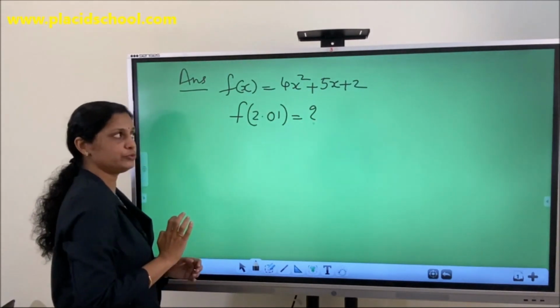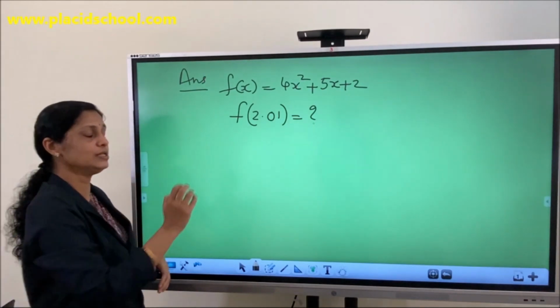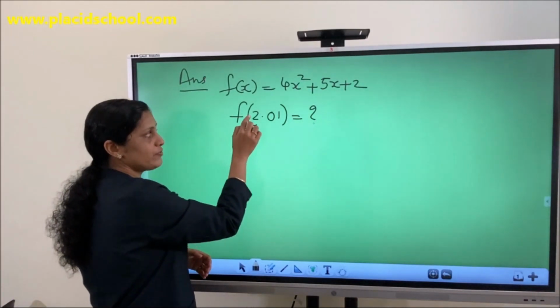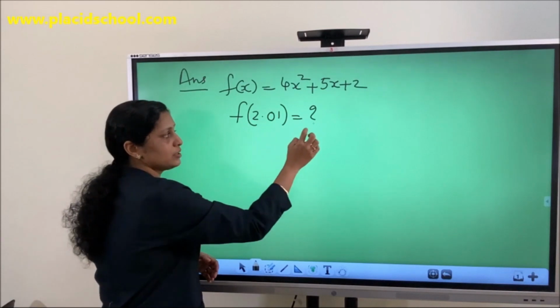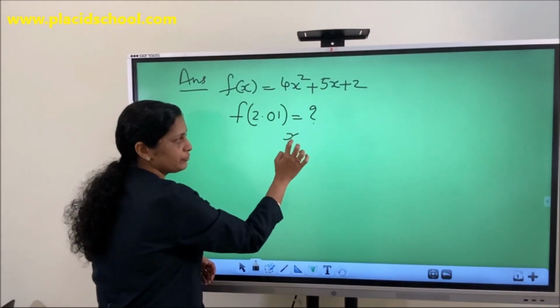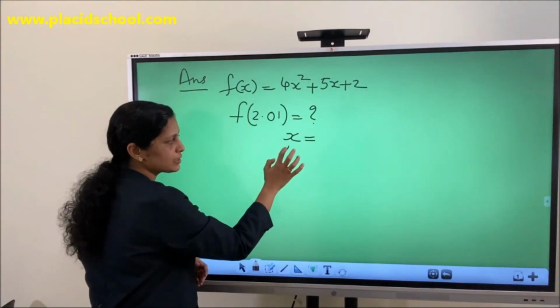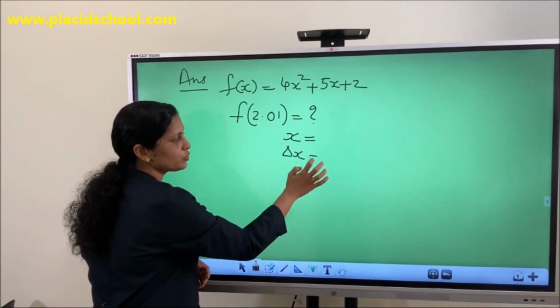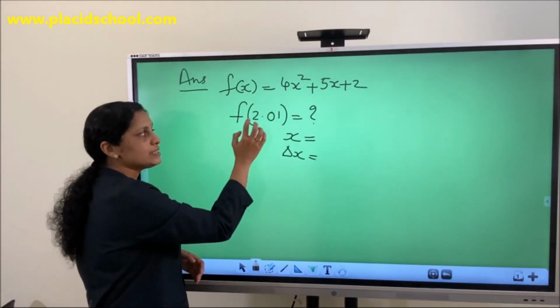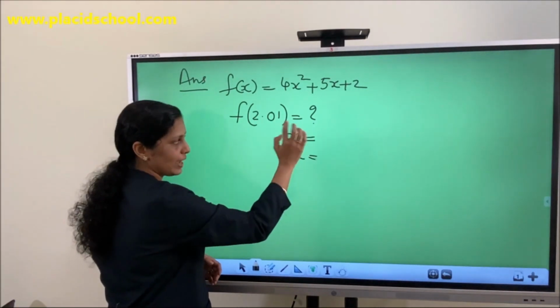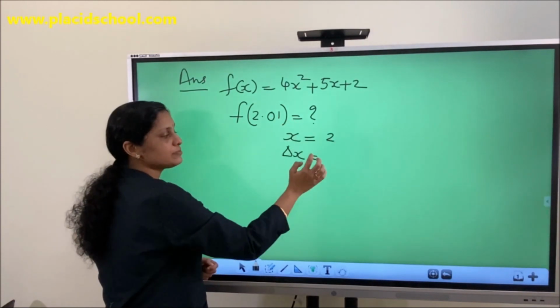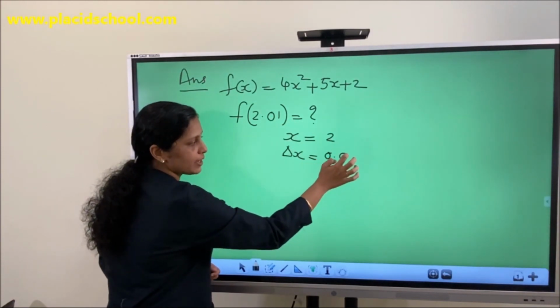What we have to do for using differential: you have to choose a value for x and a value for delta x so that x plus delta x is equal to 2.01. Take the whole number part as x and the decimal part as delta x.